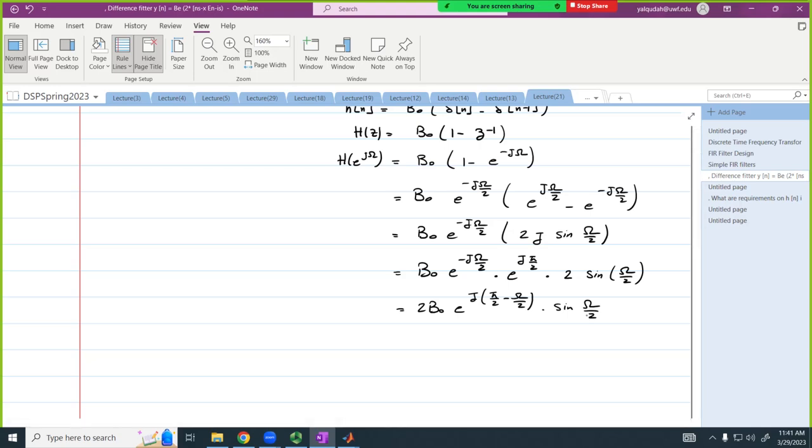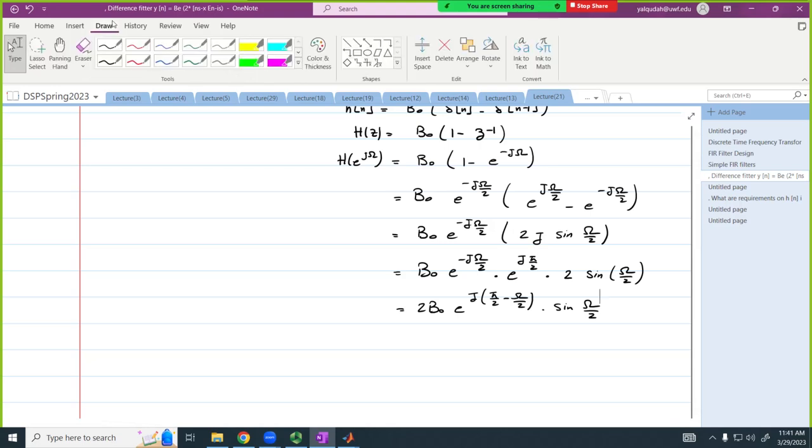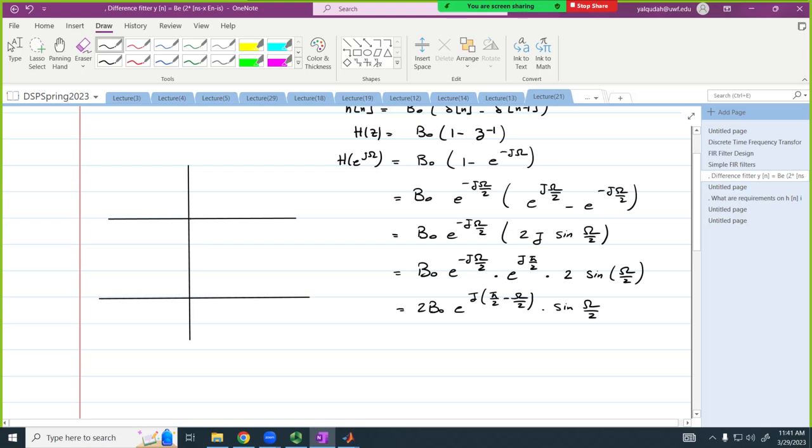Okay, so we can plot the frequency response and the phase. So this is going to be a sine. When it is pi, it's going to be the maximum, which is equal to 2b0.